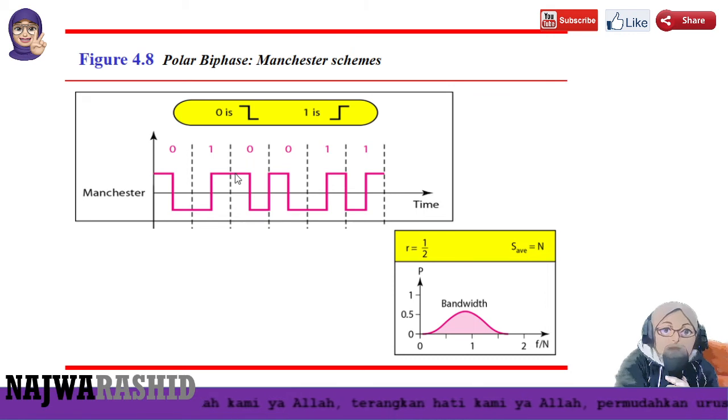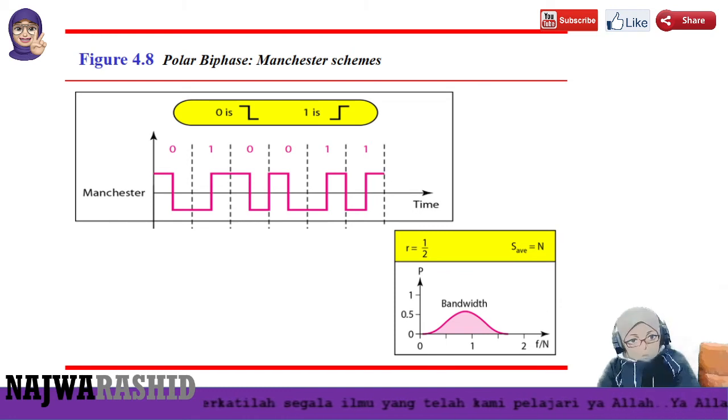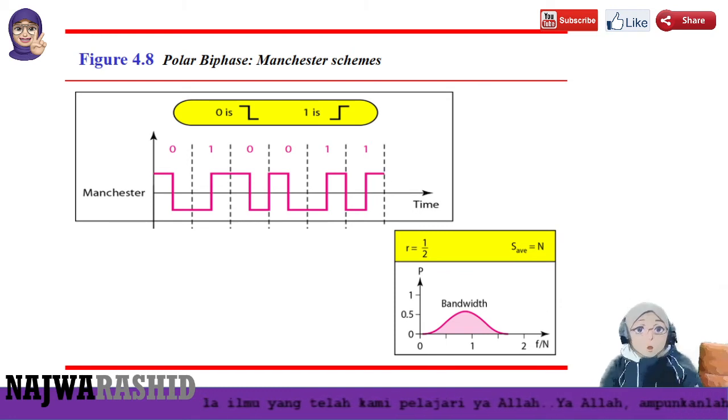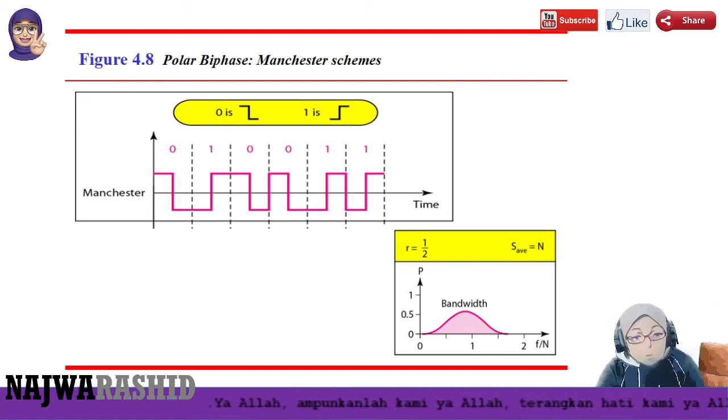Okay, 0 means this pattern. 0 again, so this again. 1 is this pattern, 1 this pattern. Basically, under this scheme, if you are given a bit stream of data, you should know how to draw the signal. And then under the Manchester scheme, R refers to 0.5 and the signal rate equals the bit rate.